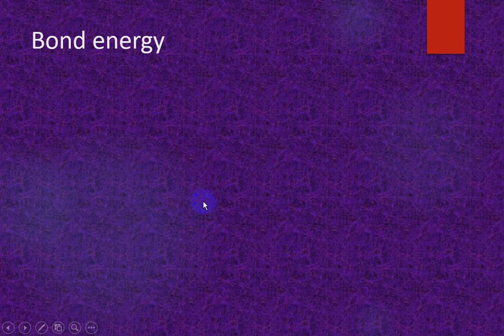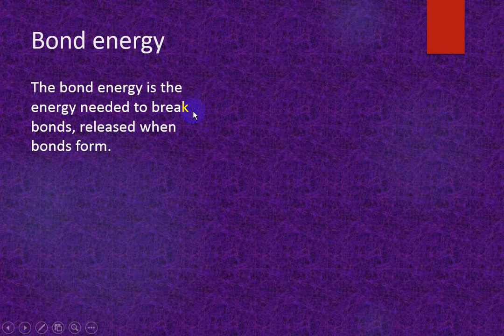Okay, now bond energy. The bond energy is the energy needed to break bonds or released when bonds form. We know to break a bond we need energy, and energy is released during bond formation.